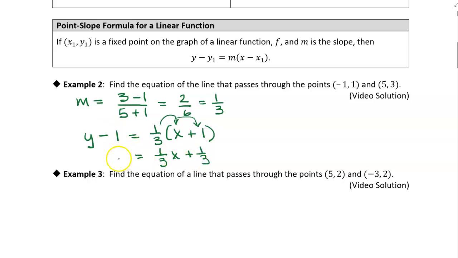And then I'm just going to add 1 to both sides, so this becomes y on the left-hand side. Now I'm just going to combine these constant terms. I get 1/3 x, and then 1/3 plus 1, which is 3/3, so 1/3 plus 3/3 is 4/3.